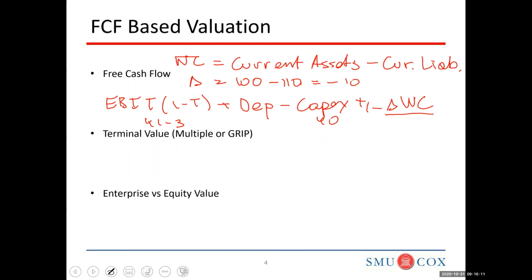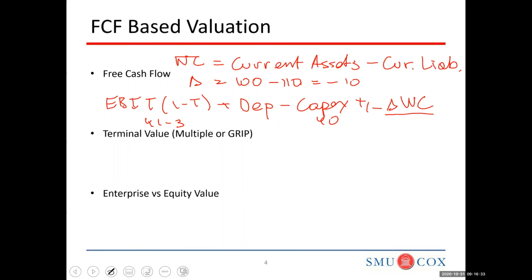This is pretty typical when a business is growing: your current assets go up, but what that means is that your change in working capital is negative. So you'll see negative change in working capital quite often. Think of it as investment into working capital.